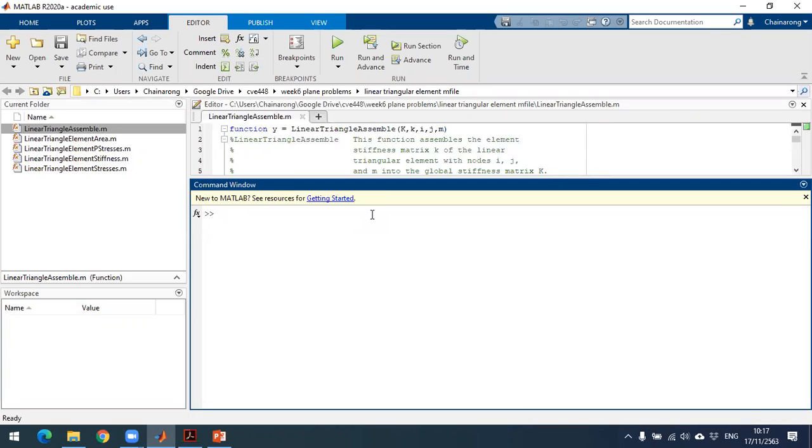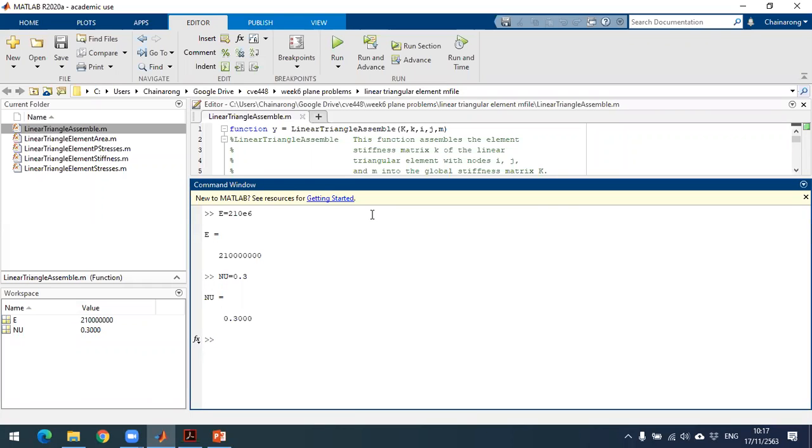We may start by typing the constants. E is 210e6, this is the constant E, then mu is equal to 0.3.